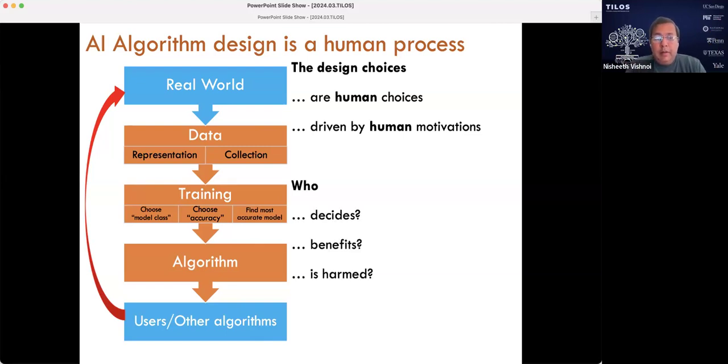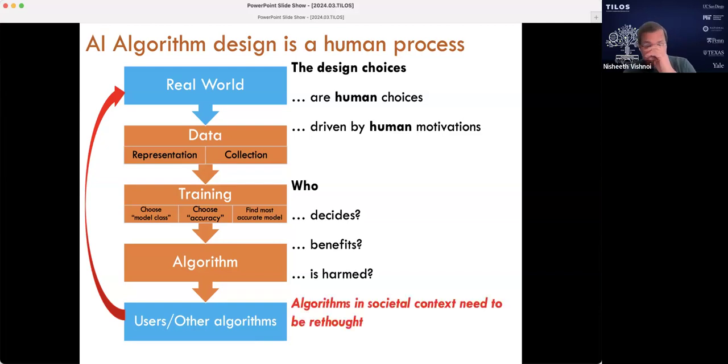So the question that I think we should be asking is: who decides, who benefits, and who is harmed? When we are analyzing an algorithmic system through this lens of awareness, these are the things that we should be talking about.